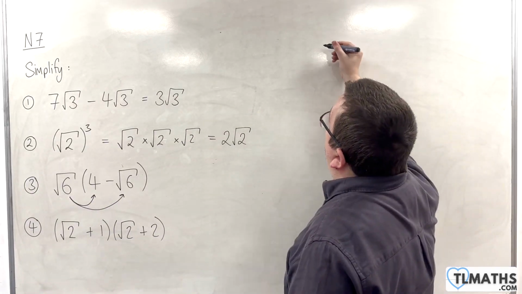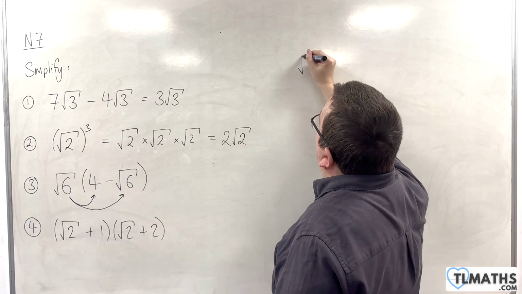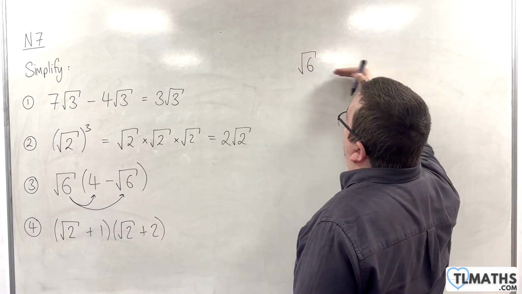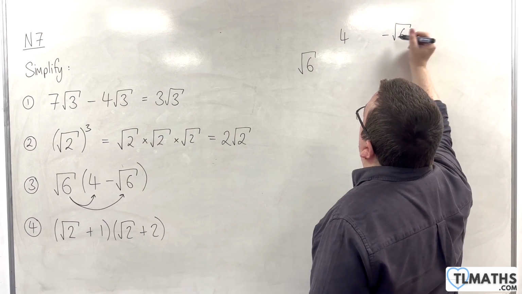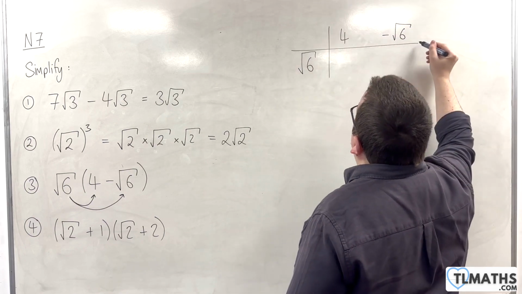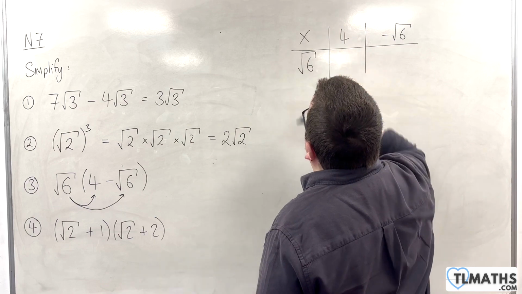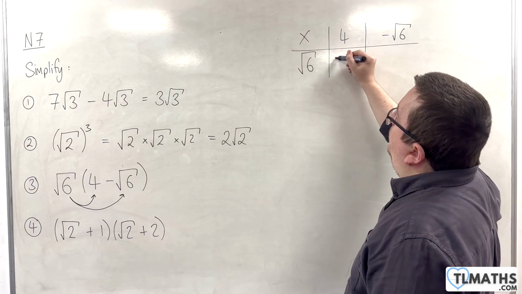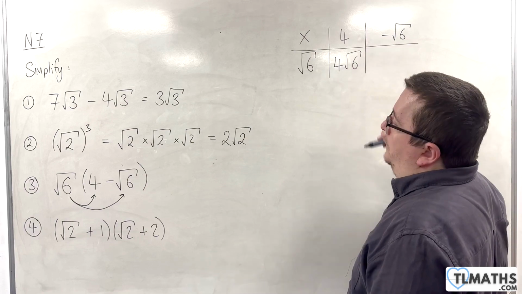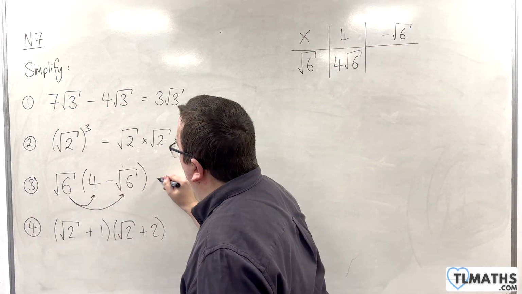Now you can utilize a grid for this if you prefer. So if you want to do it using a grid, you could have the root 6 as a row and the 4 and the minus root 6 as columns, and think of it like a multiplication grid. Okay, so we have the 4 multiplying with the root 6, which is 4 root 6. Okay, so that's the root 6 times the 4.